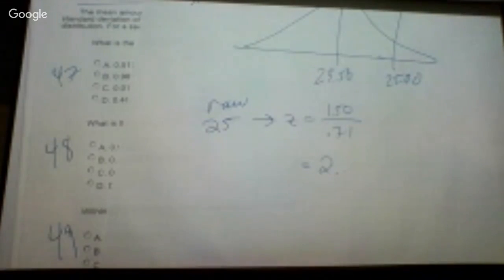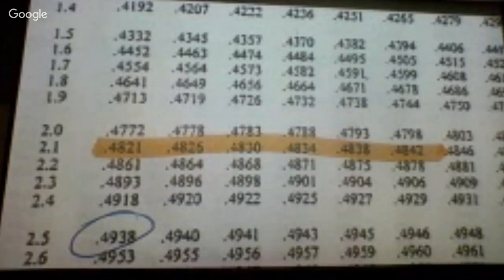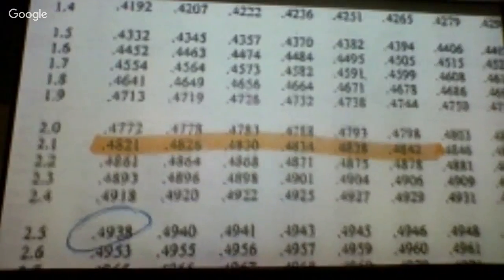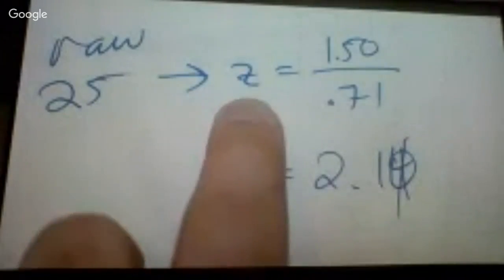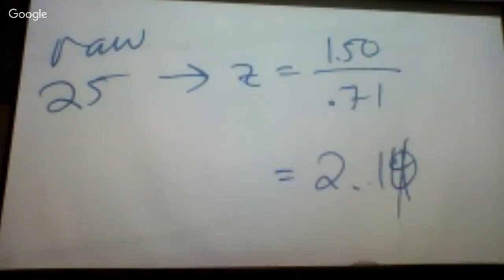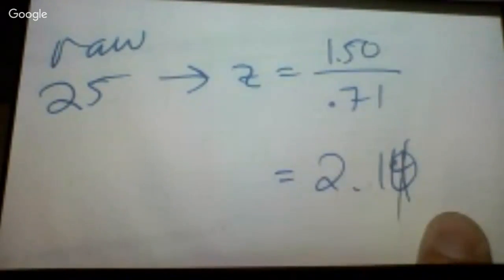2.1 what? 2.11? 2.14? Let's call it 2.10 or 2.14, somewhere in the 2.1 range. But all of those things in the 2.1 range are about 48%, however you choose to round that Z-score, 2.11 or 2.1, whatever you get there.